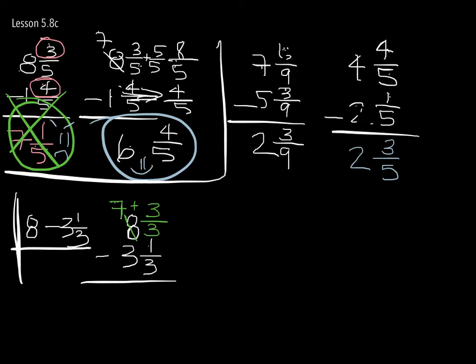Yes, so I am okay to proceed. My top numerator is bigger than my bottom numerator. 3 less 1 is 2. We are talking the language of 3. And then I do 7 less 3, and that is going to be 4. So our response is 4 and 2/3.